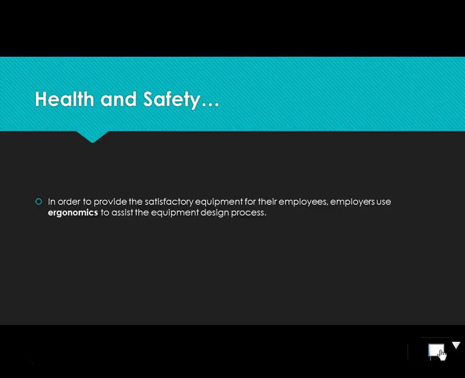Really the key point here is that employers must do their best to make sure that their employees are comfortable. It talks about this idea of ergonomics, and that's really just design, making sure the design of the tables, the chairs, the arrangement is good, so that employees are comfortable at work.